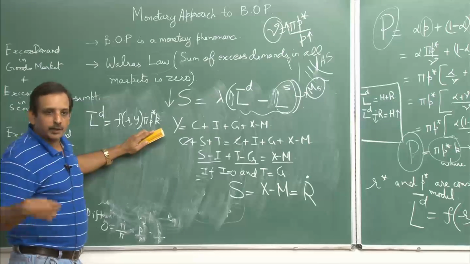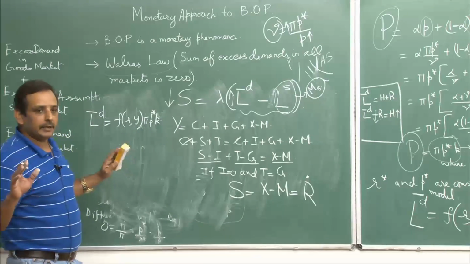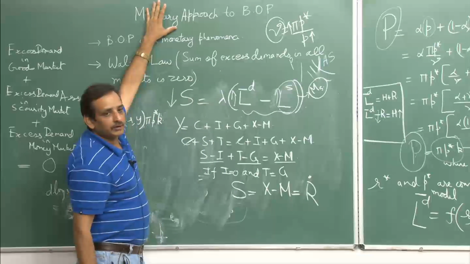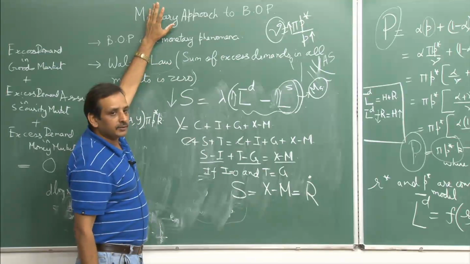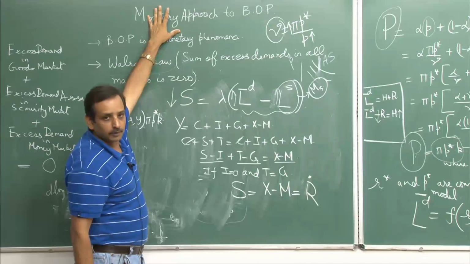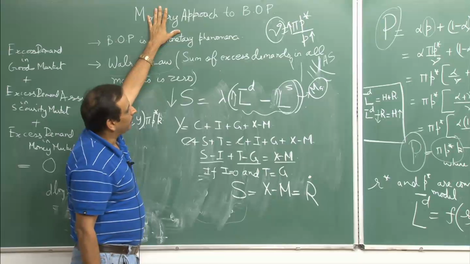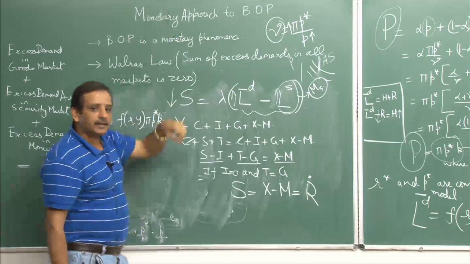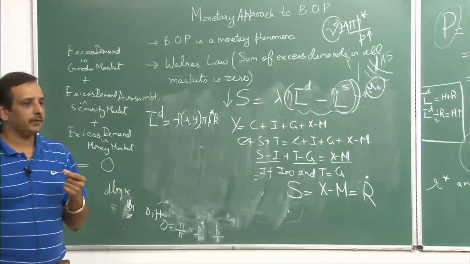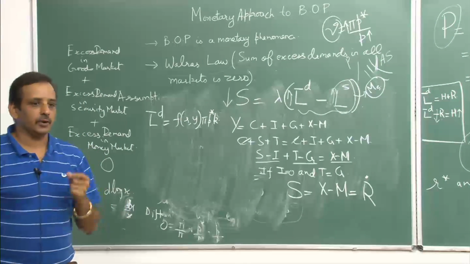I'll quickly recapitulate what I am trying to say. This approach says that balance of payment disequilibrium, or any surplus or deficit in the balance of payment, is a temporary phenomenon. Any excess supply of money is equivalent to saying that there is excess demand in the goods and the security markets.